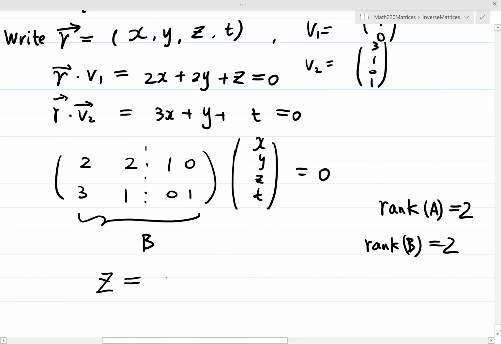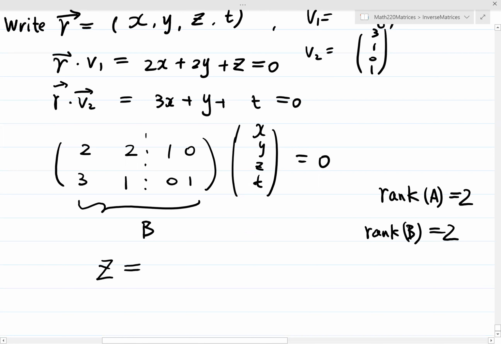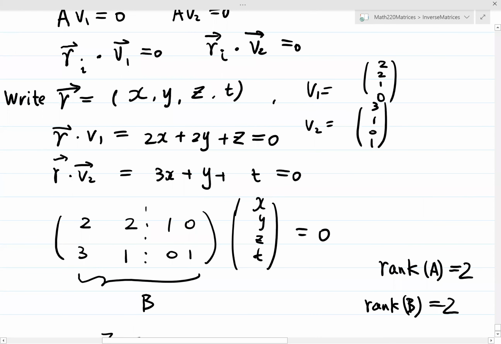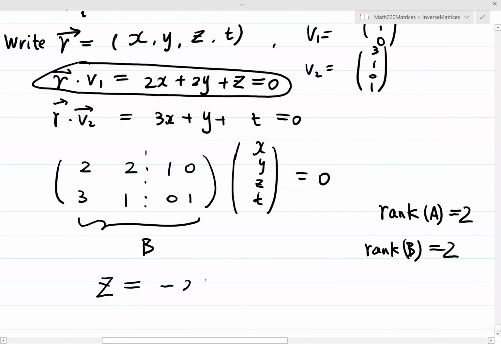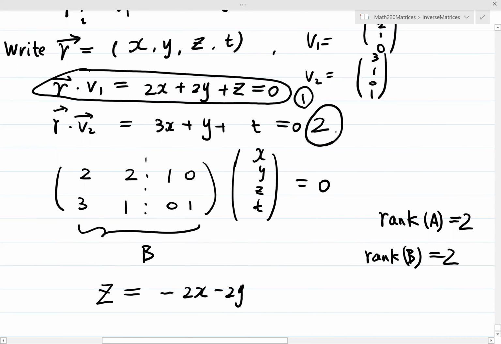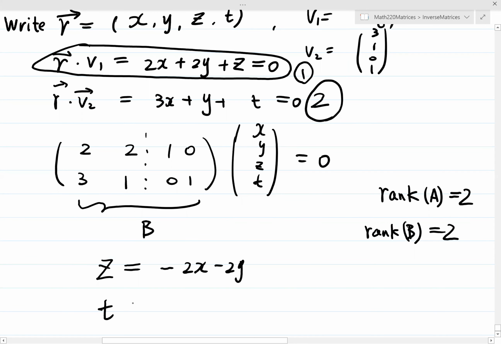So we have 2 free variables, x and y. We choose x and y as free variables. Then from equation 1, R dot V1, we can solve z: z is negative 2x minus 2y. And from equation 2 we can also solve t.